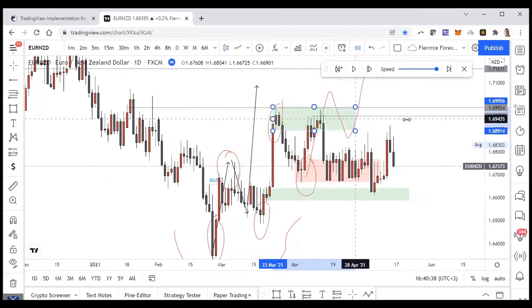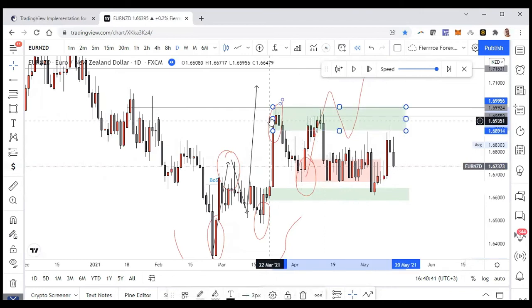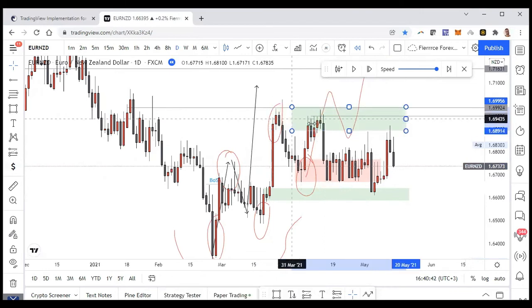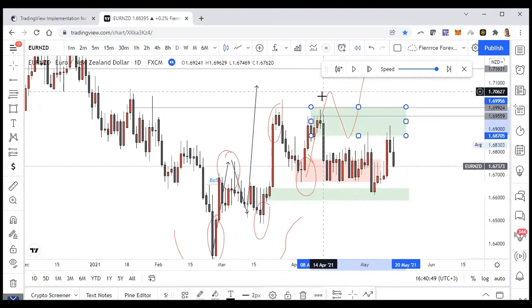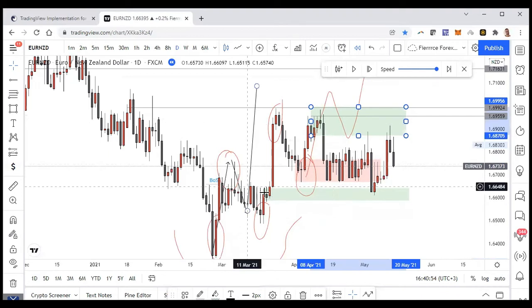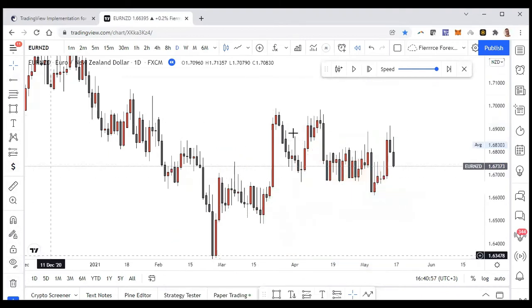If I push it out like this, we are seeing this last up move before the down move here. So this is a demand zone. So if you guys are getting what I'm saying, let me just clean this out.